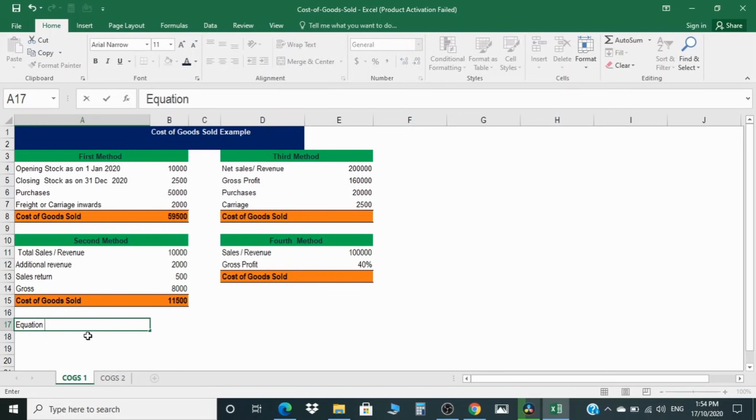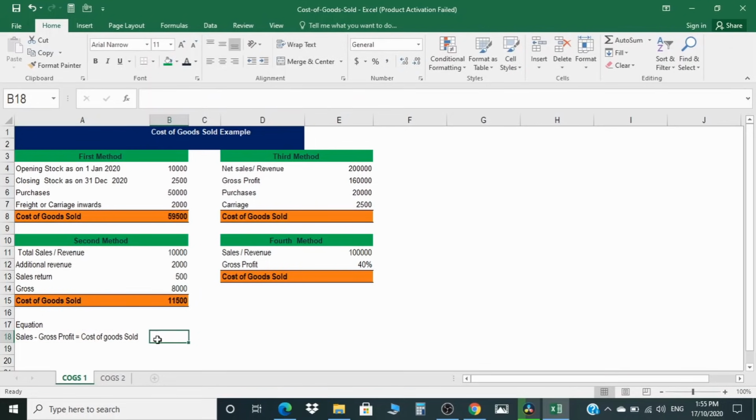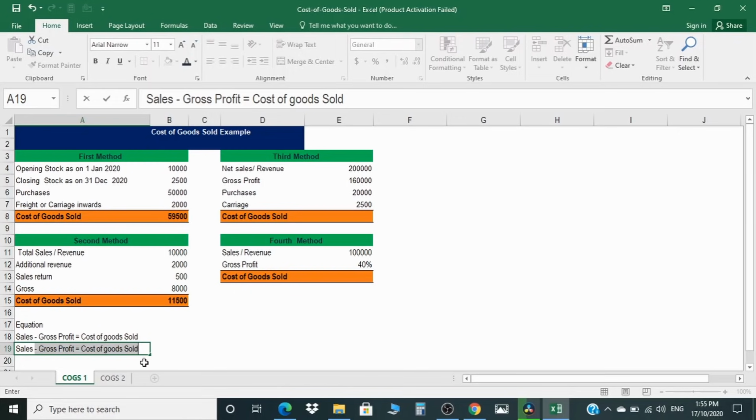There is an equation, maybe it can help you. Sale minus gross profit is equal to cost of goods sold. And if you interchange it, sales minus cost of goods sold is equal to gross profit.